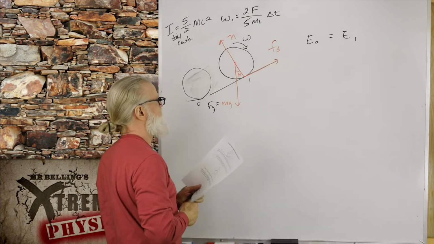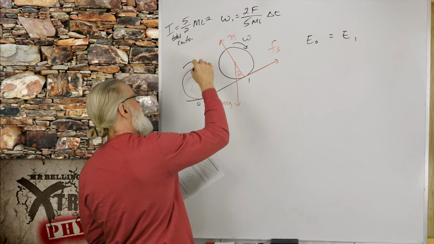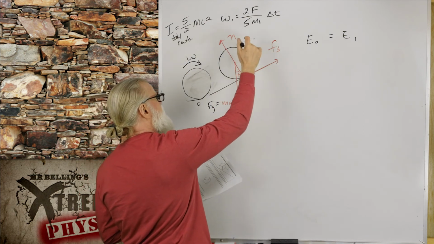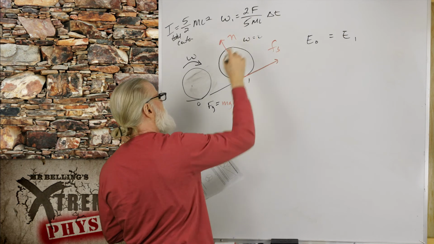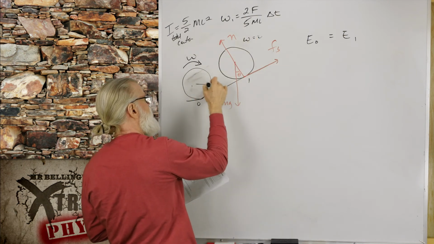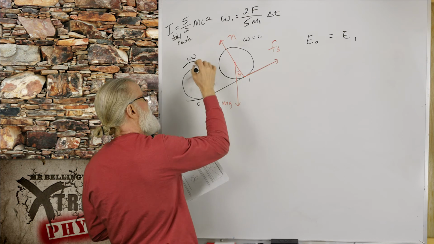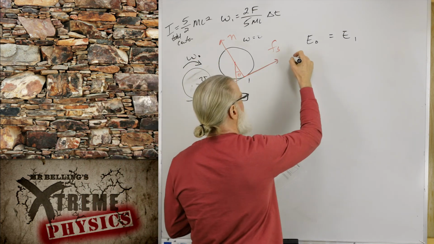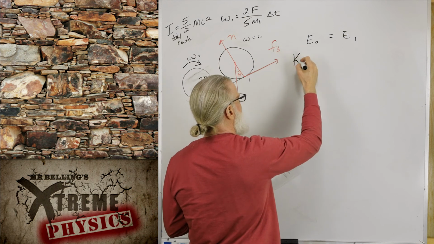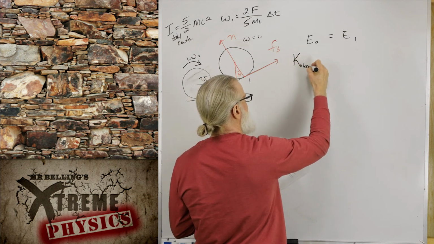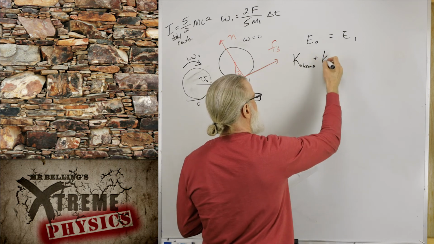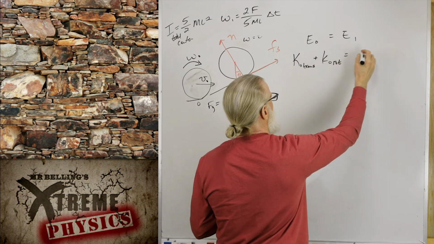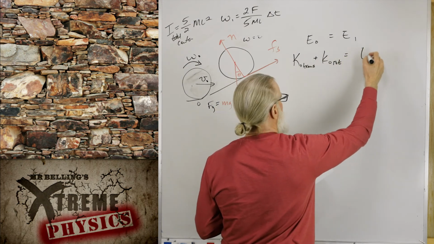So initially this thing's rolling and it's going omega. Actually at this point, let's say this is stopped here, so omega equals 0 when it gets to here, and it also has a translational velocity that I'm going to call 0. So what do we got? We got K0 trans plus K0 rotational equals gravitational potential energy at 1.